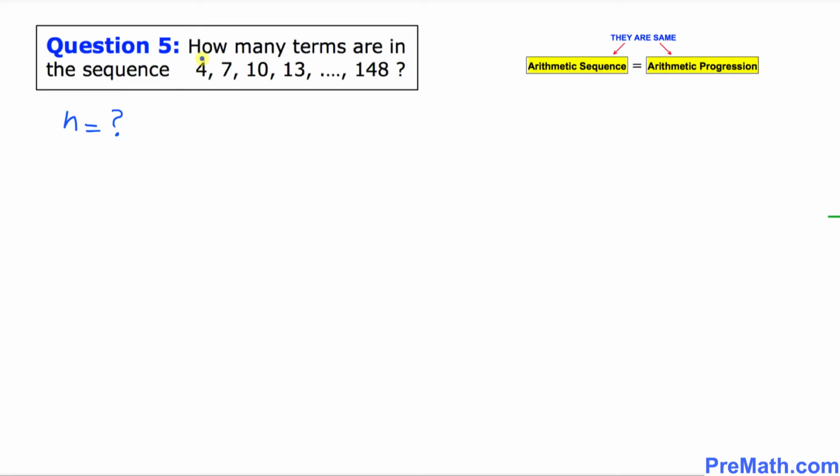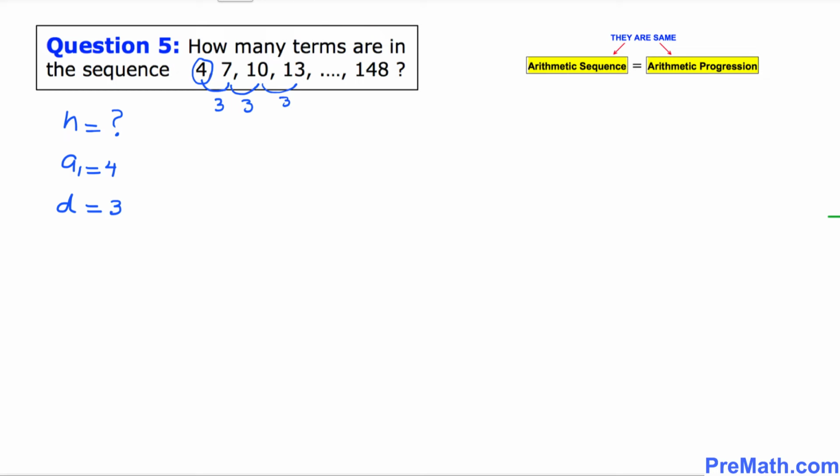And we know that our first term is a of 1 equals 4. Let's find out what our common difference is. We are going to add positive 3 to get the next term, isn't it? The common difference is simply positive 3.